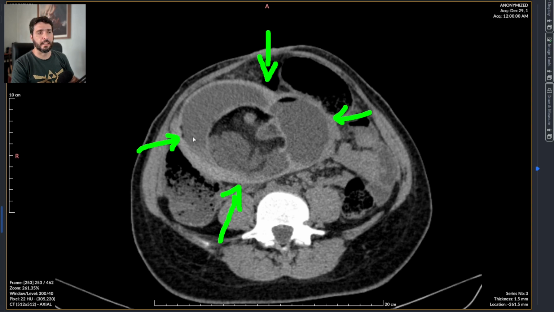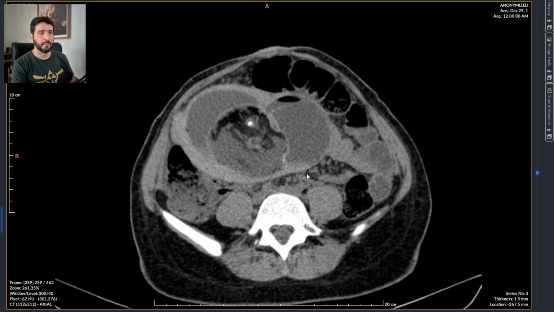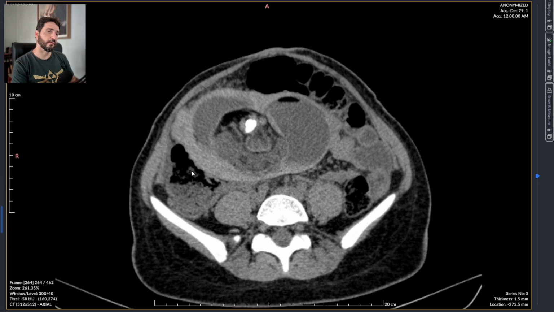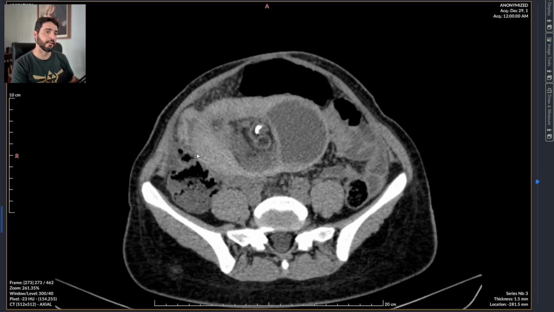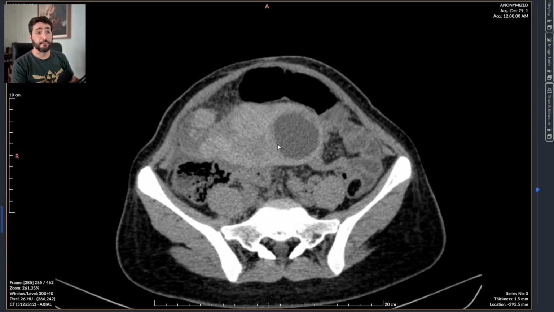This is the right flank region, the mesogastrium where the belly button is, and the left flank. A bit lower, we can already notice this is the right iliac fossa and the hypogastrium.